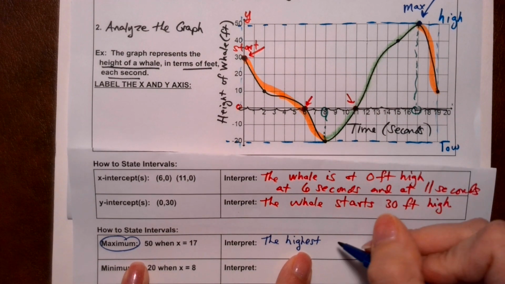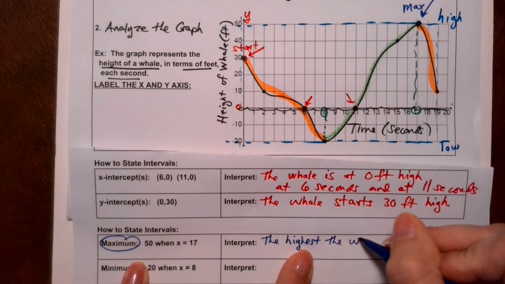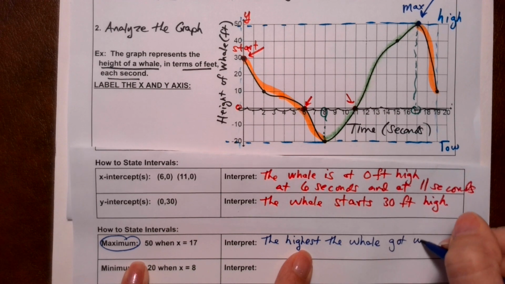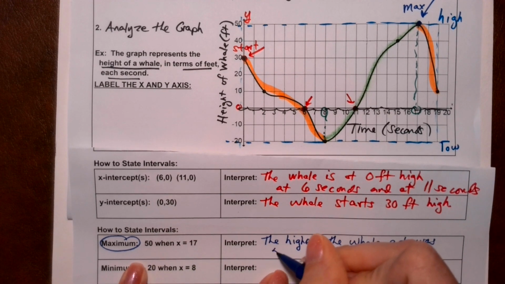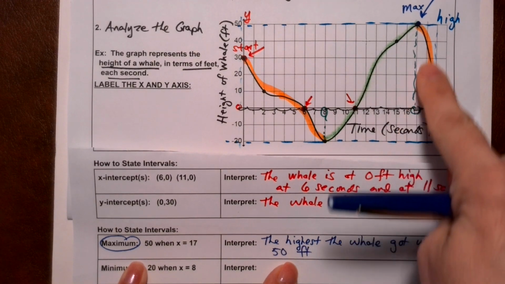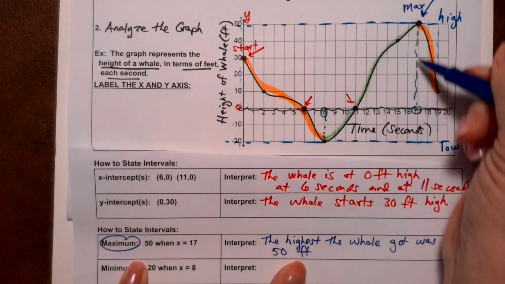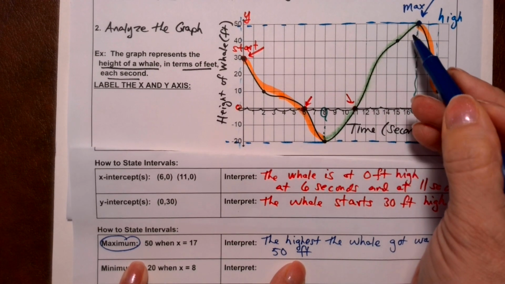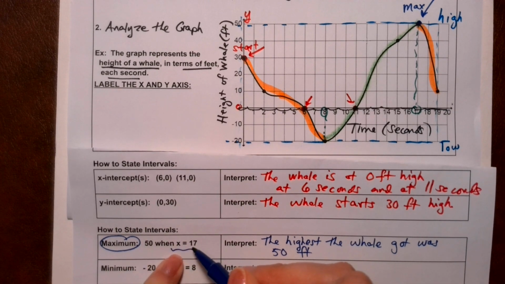So the highest the whale got was 50 feet, and you could say 50 feet up into the air. He got 50 feet above sea level. You could be fancy with your sentence. But when did that happen? We also have to mention this other part.